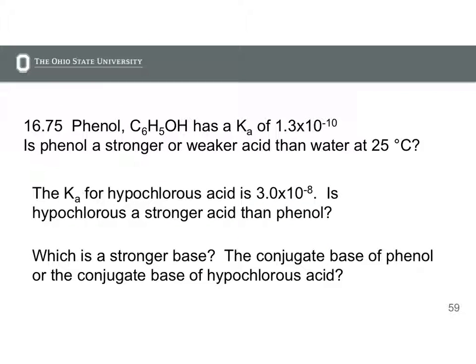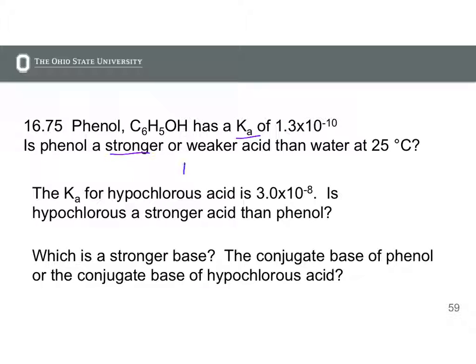When we're trying to consider which weak acid is stronger, we need to compare the Ka values for each acid. In this problem we have phenol with a Ka value of 1.3 times 10 to the minus 10. And we want to know if phenol is a stronger or weaker acid than water at 25 degrees Celsius.